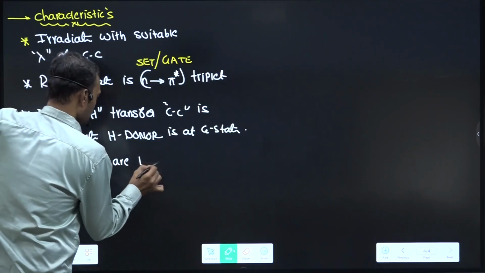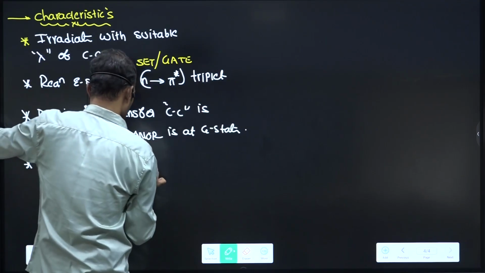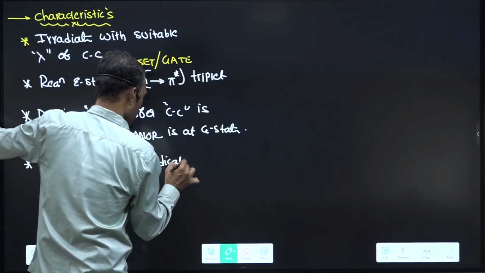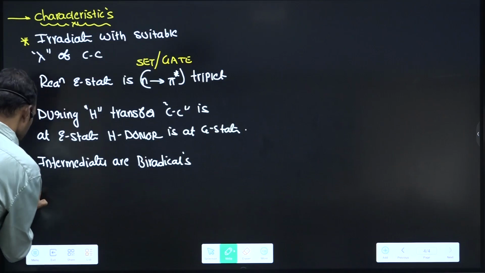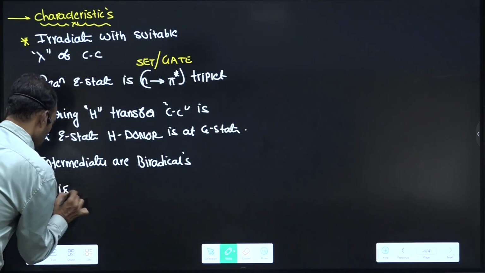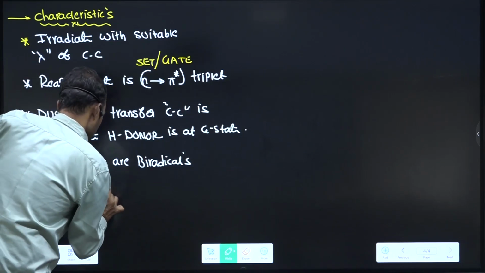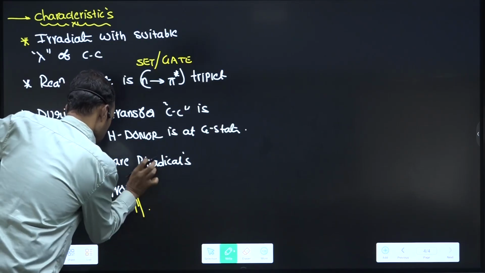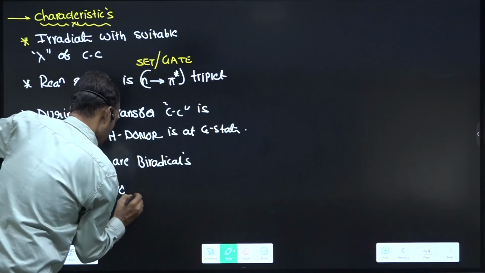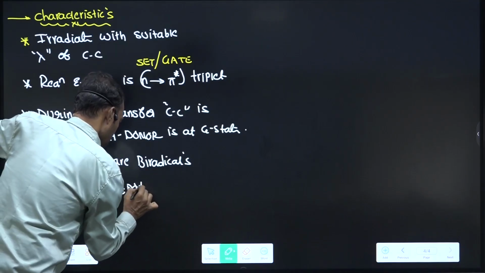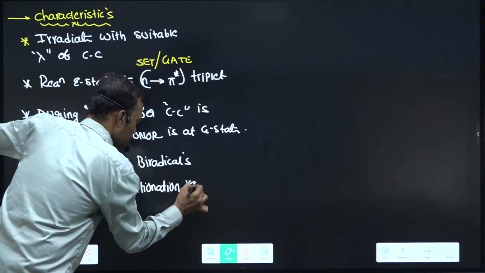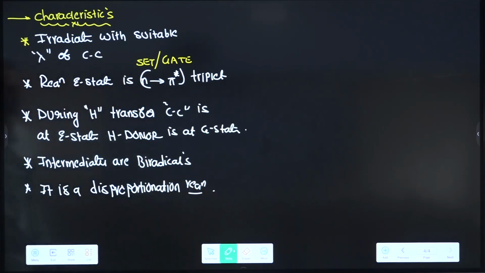Intermediates are biradicals. Then it is a disproportionation reaction.